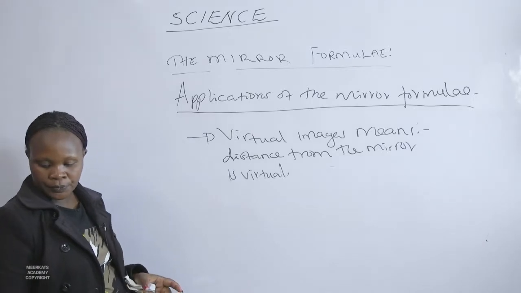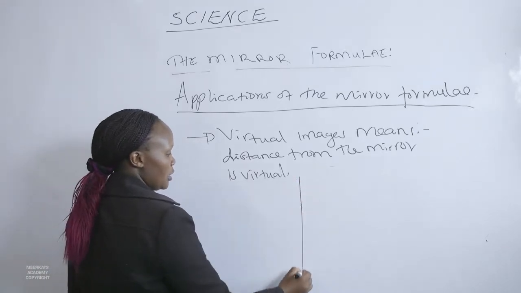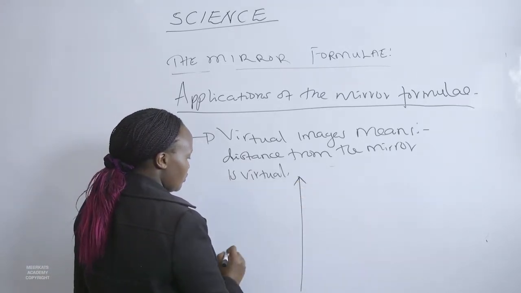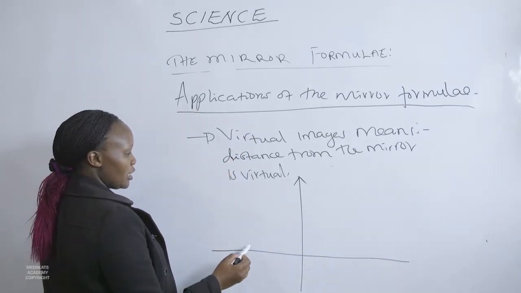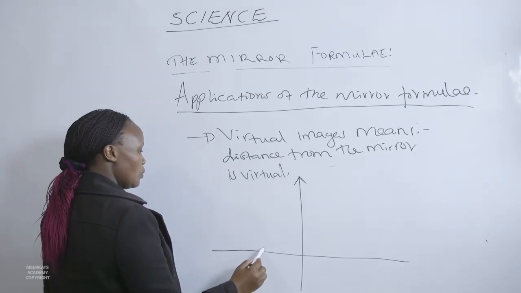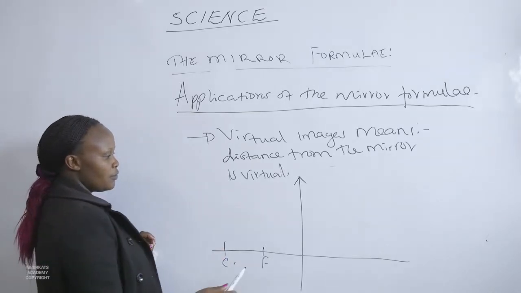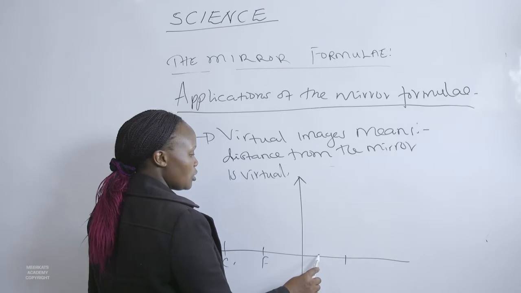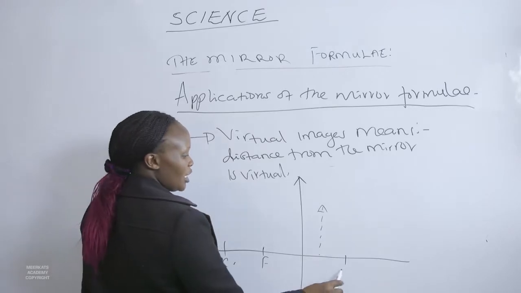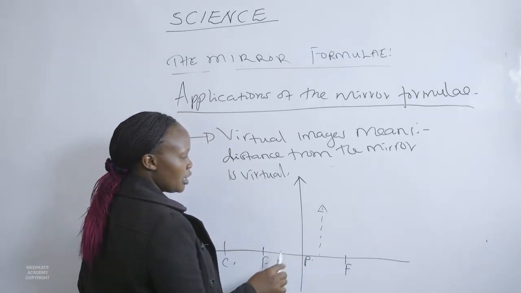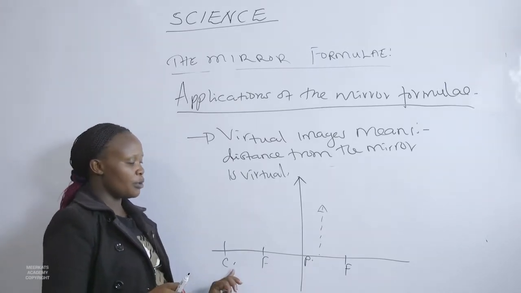For example, we looked at the case of a convex reflector, and we found out that if this was to be F, this was to be C, the image will always be formed between F and P. And in this case, rays do not pass through these points.